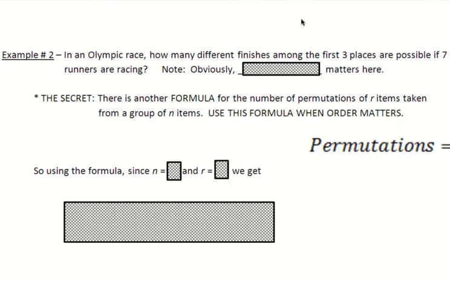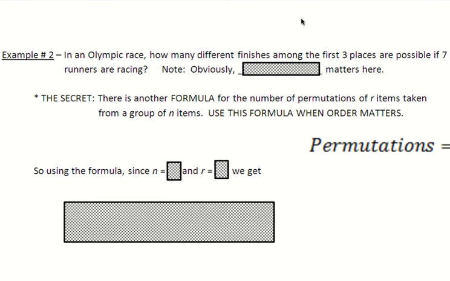So think about it. Having a finish of, okay, obviously I'm going gold, silver, bronze in that order, the American in first, Jamaican in second, sorry, Usain Bolt, and I don't know, gosh, the Australian in third.